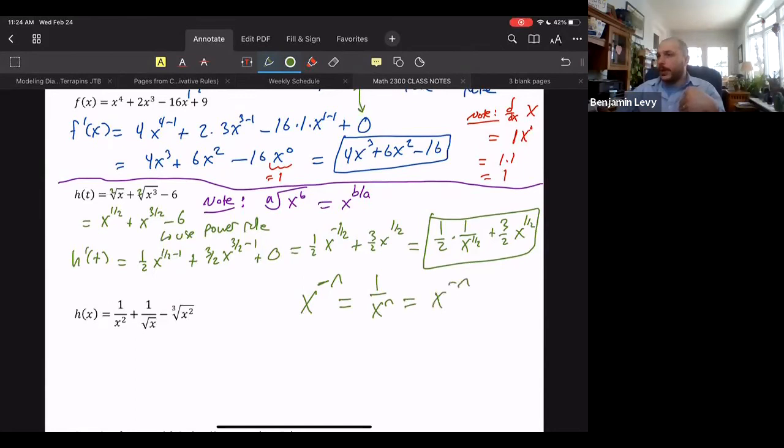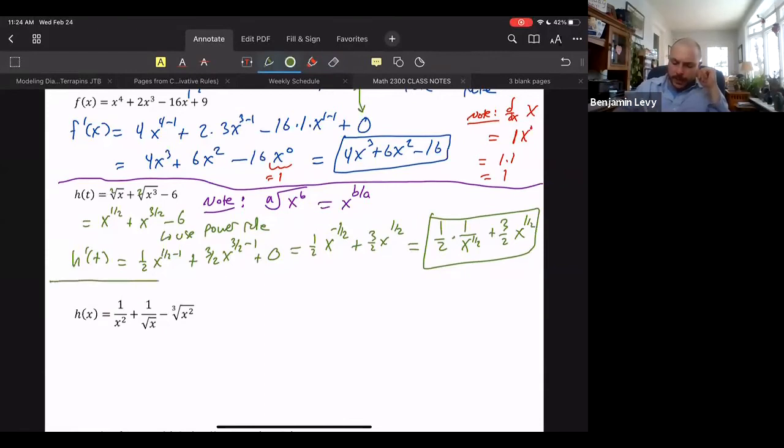It kind of works both ways. And again, the convention is usually people don't like negative exponents. I'm probably never going to take points off for that, but it is something you need to know how to do, especially since we're going to need to use that concept right in the next problem. Other thoughts before we look at the next one? I'm going to actually ask you to try that next one.